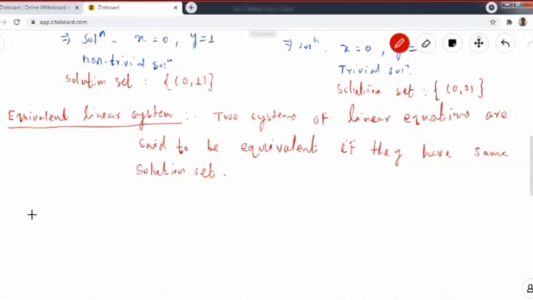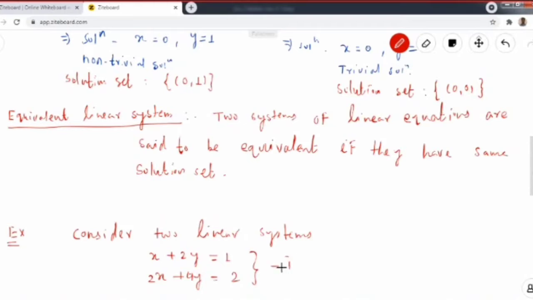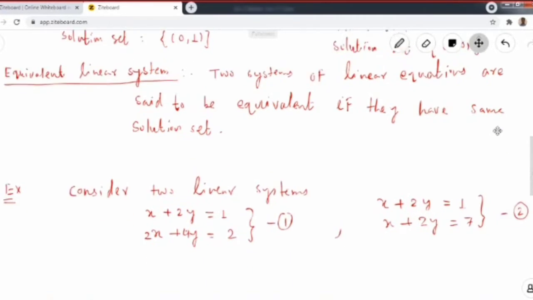For example, if you consider these two linear systems, this is one system of linear equations, and the second one you take as follows.